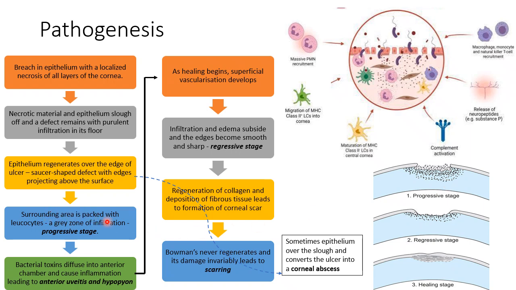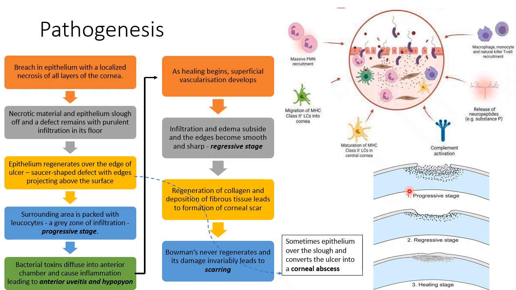So the surrounding area, the bacterial toxins are diffusing into the anterior chamber and causing inflammation, leading to anterior uveitis and hypopyon. So this is also a part of the progressive stage in which the bacterial toxins that are present in the stroma, you see they are very well into the stroma. Sometimes what happens is that the toxins, mind you, not the bacteria. Bacteria cannot penetrate that strong Descemet membrane that is there.